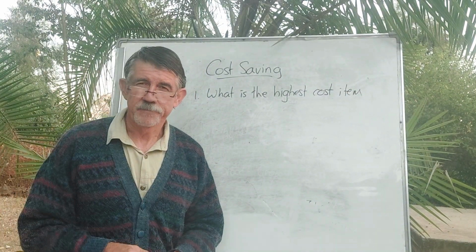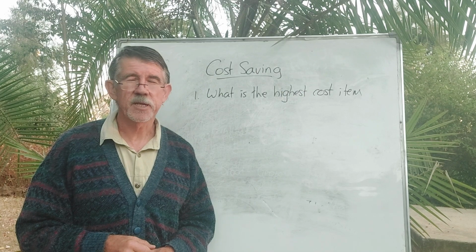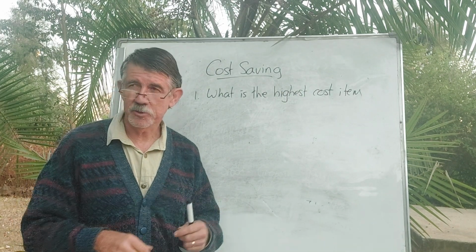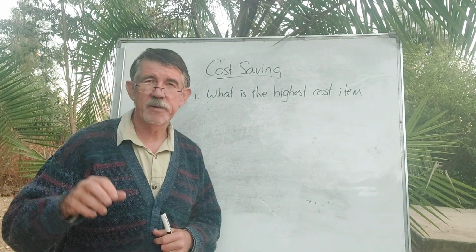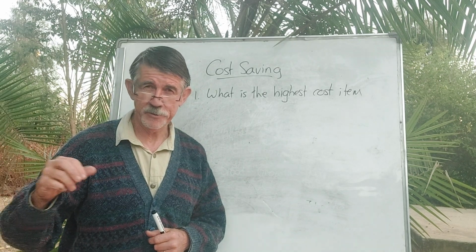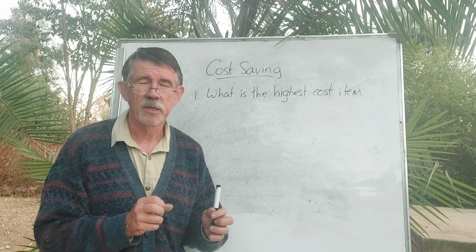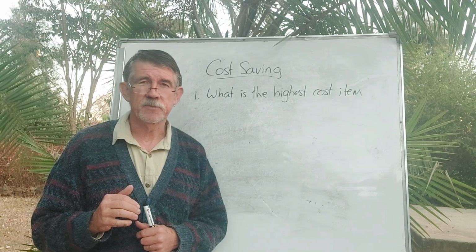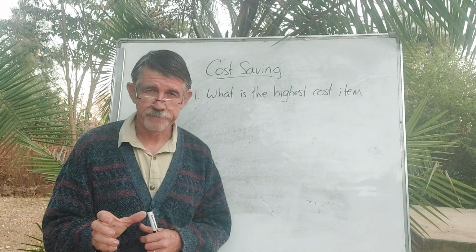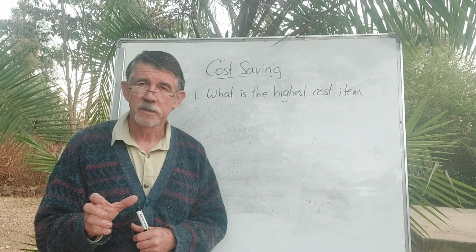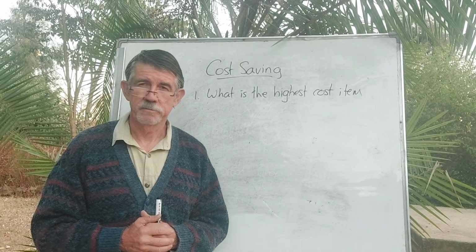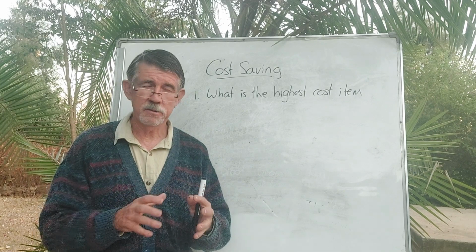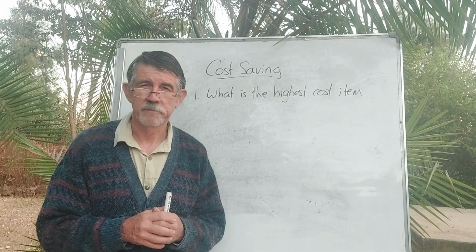And tackle that one. Often we think of cost savings, we won't buy tea bags, or we won't spend money on mahewu for the workers, or something like that, okay? But my proposal is that you look at the most expensive items in each budget and say, can I do without it? Is there a way around this big cost?